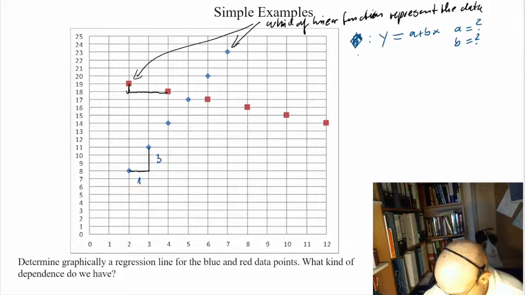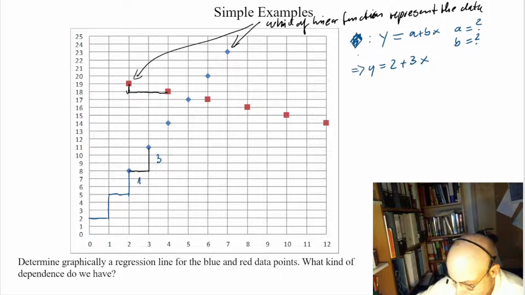A would be 2. Yes, I think so too, because here we would go 3 downwards, 1 to the left, and 3 downwards, and 1 to the left. Great. So here we have y equals 2 plus 3x.